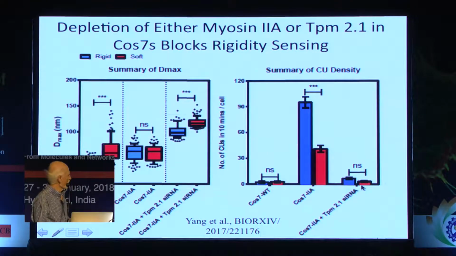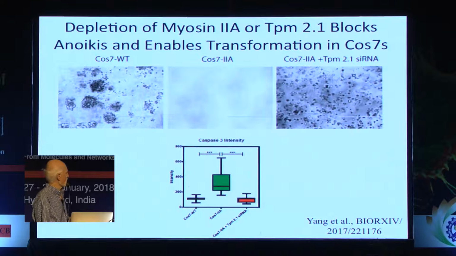In terms of their growth and anoikis, or cell death on soft surfaces, when we restored myosin 2A, they activated caspase on soft surfaces. They didn't grow on soft agar, whereas the wild type missing myosin 2A did just fine.